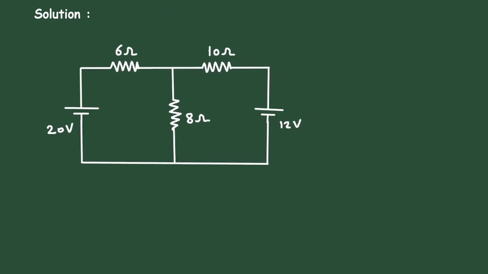First of all, we can convert this voltage source into its equivalent current source. When we convert a voltage source to a current source, the series resistor will be converted into a parallel resistor. So this 6 ohm will be in parallel with this current source.